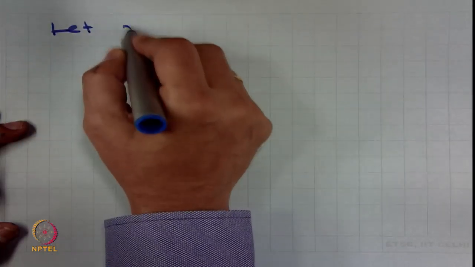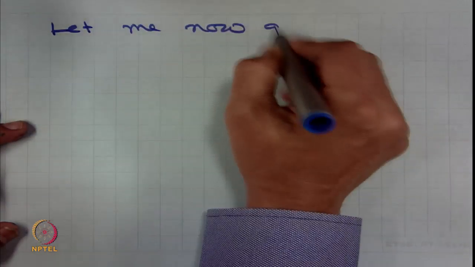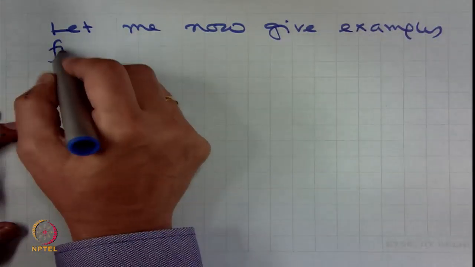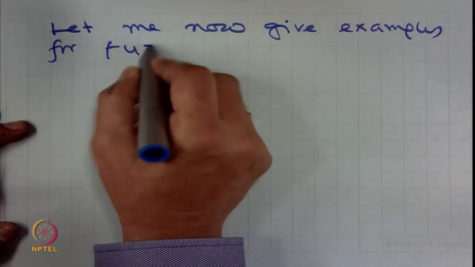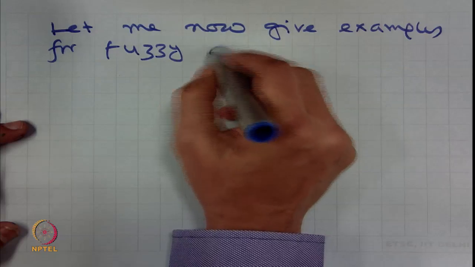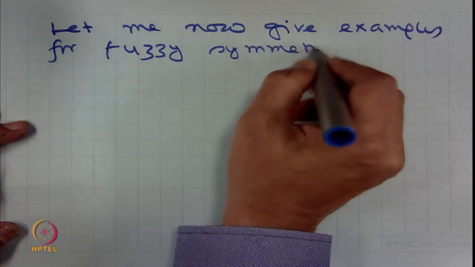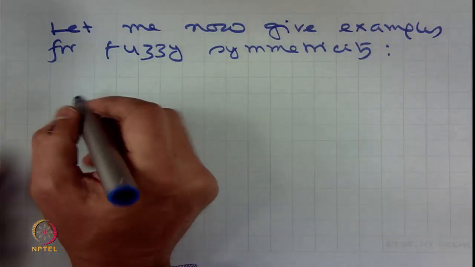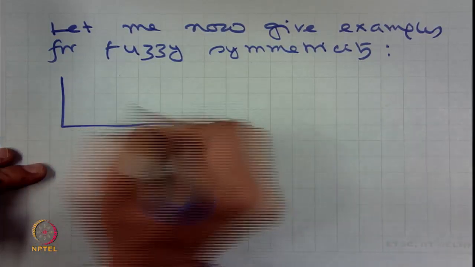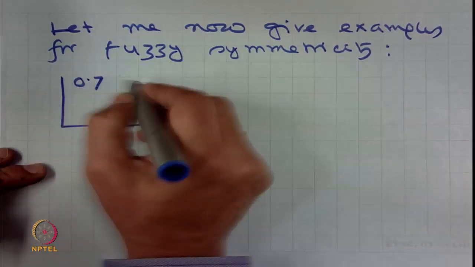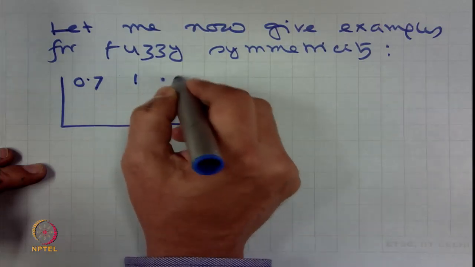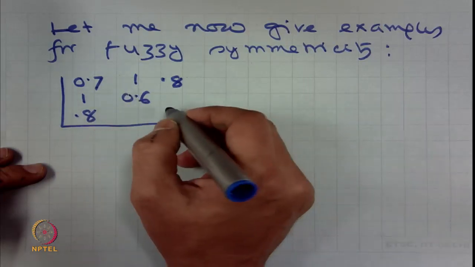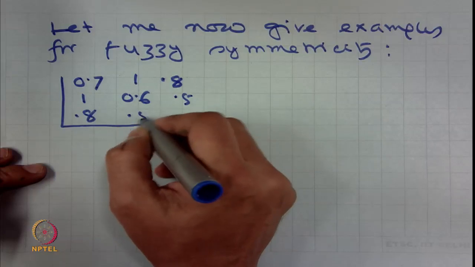Let me now give examples. For fuzzy symmetricity, consider 0.7, 1, 0.8, 1, 0.8, 0.6, 0.5, 0.5 and 1.